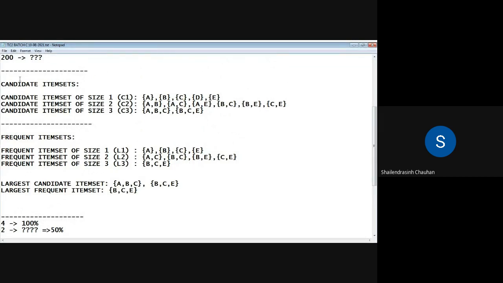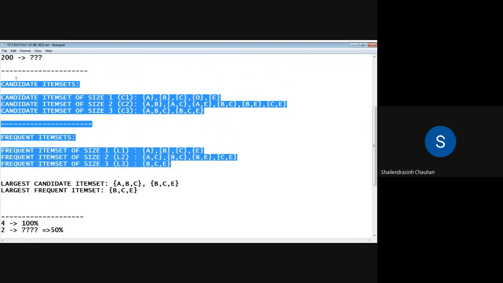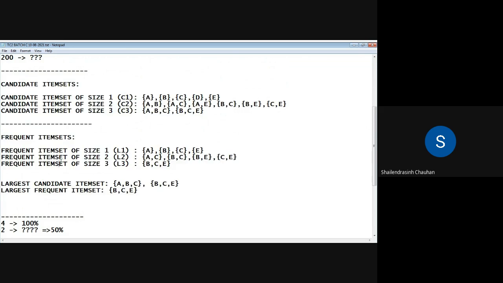From the PPT, we have gone through different steps to use Apriori, and we found the candidate item set, frequent item set, largest candidate item set, and largest frequent item set in the previous lab. Now, in the exam, two kinds of questions can be there. First, find the frequent item sets, largest frequent item set, candidate item set, or largest candidate item set.